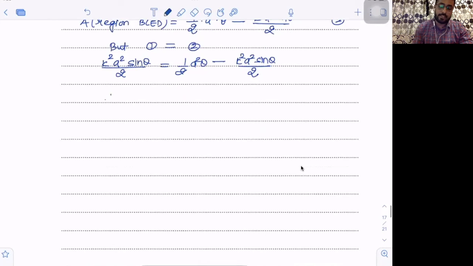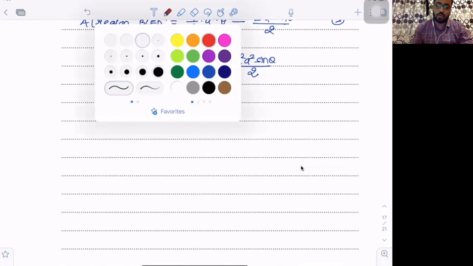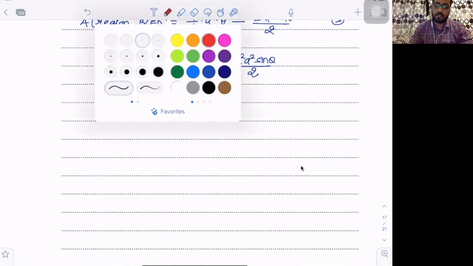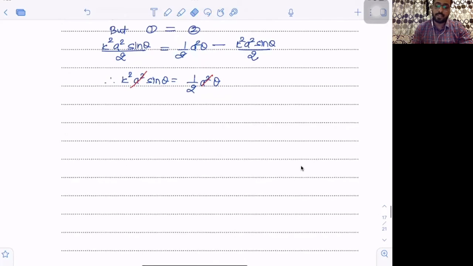So I'll be getting k square, a square sine theta is equal to half a square theta. From both the places, the term a square will get cancelled, right guys? So I get k square is equal to theta upon 2 sine theta.